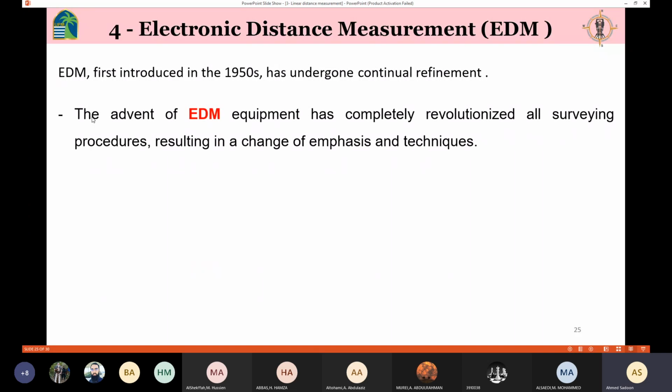And the advent of the EDM equipment has completely revolutionized all surveying procedures, resulting in a change of emphasis and techniques. So since the EDM has been invented, everything in surveying has completely changed. The procedure, the technique, everything.